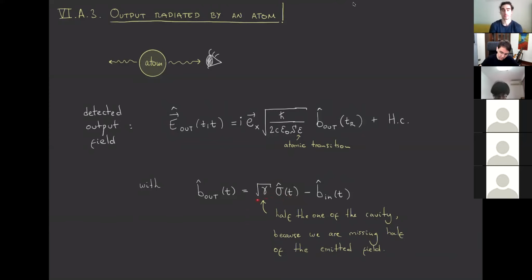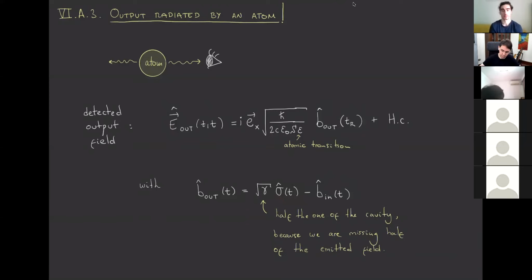Now the coupling is half of what we were getting in the cavity. Instead of 2 times the decay rate, we have only the square root of the decay rate. This comes from the fact that when you are observing at one position the radiation that comes towards you, you are missing all the radiation that comes in the opposite direction.